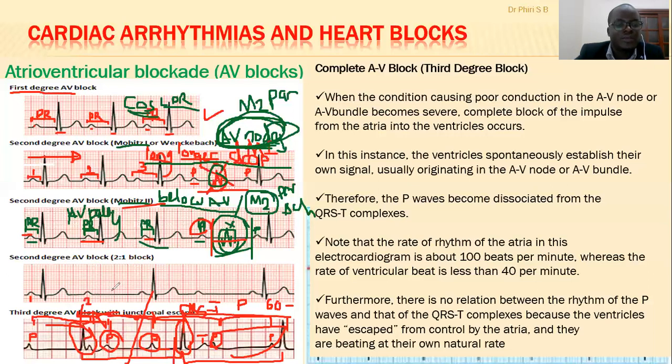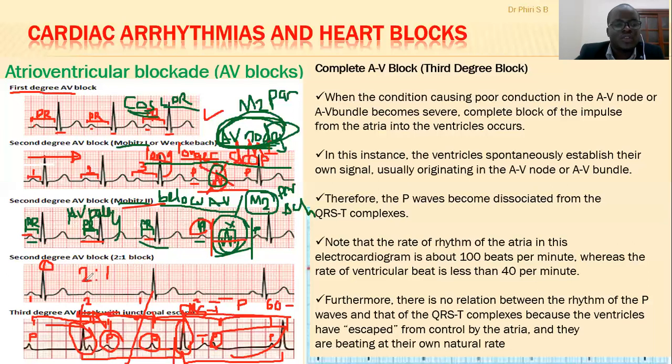Then here you have a missing QRS complex. Then you have another 1 and 2 P waves. Then here you have a missing QRS complex. So in this case, you have 2 P waves with only 1 QRS complex.